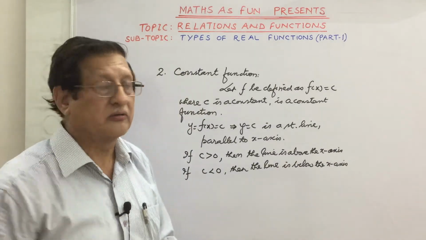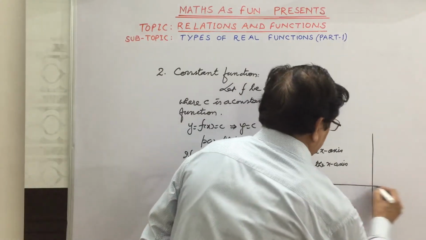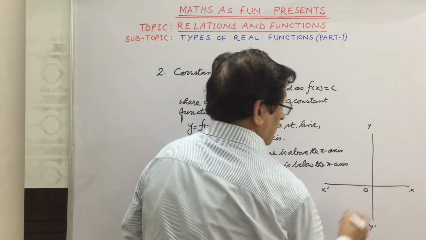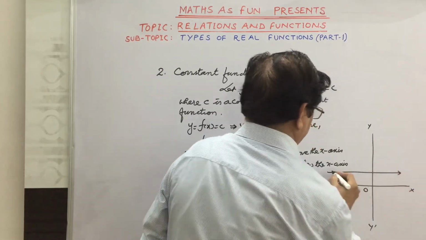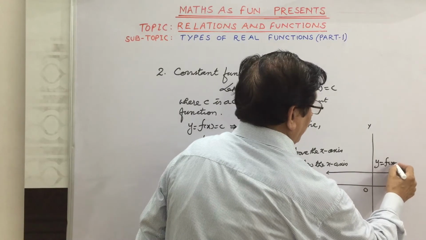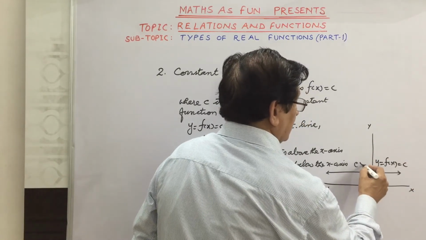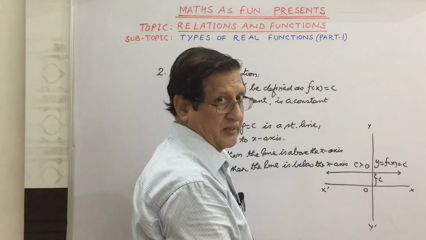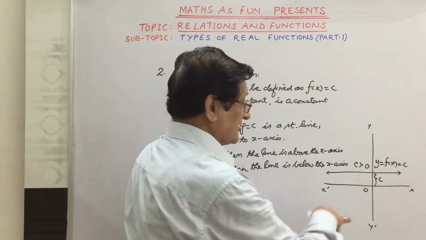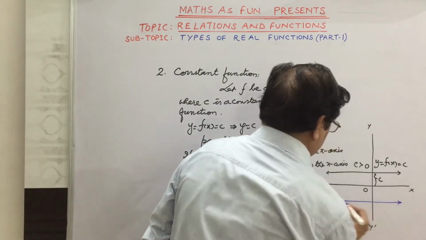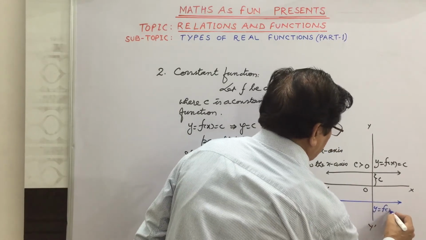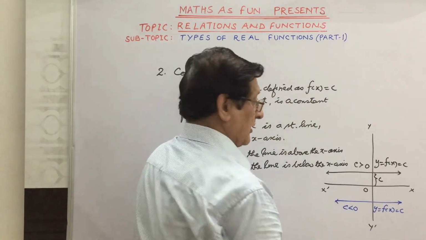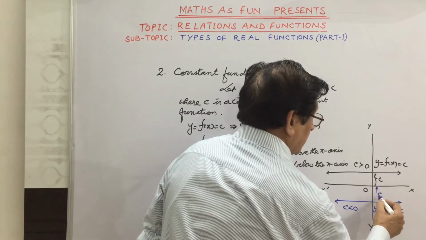If we draw the graph of it, see here, this is the graph for y = f(x) = c when c is greater than 0. Then this distance is c, the distance from the origin. And if we have c less than 0, then the line will be below the x-axis, and this is also y = f(x) = c, but here c is less than 0, and in that case this is representing the distance c.